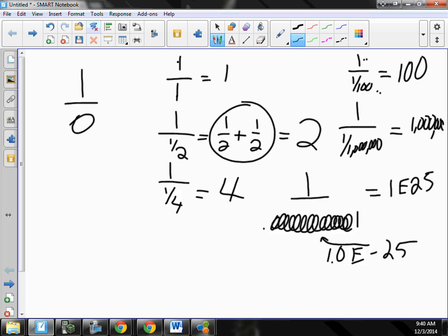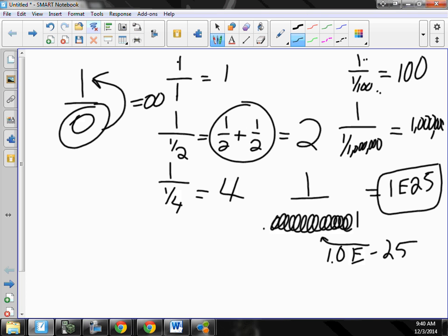So as that number has 25 zeros behind the decimal, this one will have 25 zeros in front. Well, actually, it's 24 and 25, but no big deal. This number is huge, right? So following that logic, how many of these are there in there? An infinite number. So 1 over 0 is simply infinity.